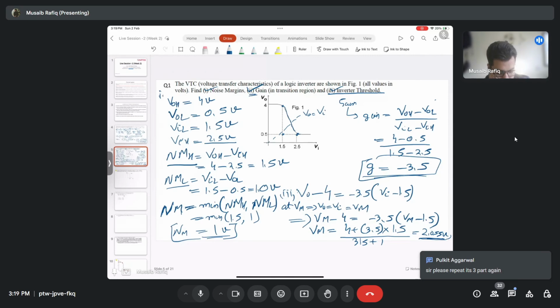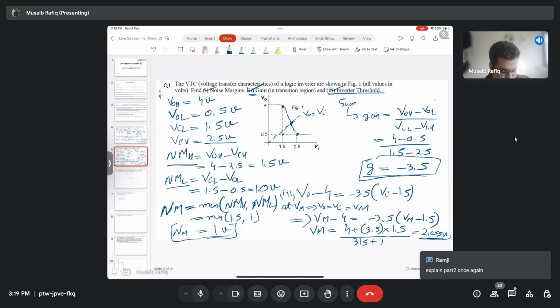Okay, so part 3 is basically we need to find this point Vm. I have used the piecewise linear approximation. I have taken this point and written V0 minus 4 equal to minus 3.5 times Vi minus 1.5. So basically y minus y1 is equal to m times x minus x1.